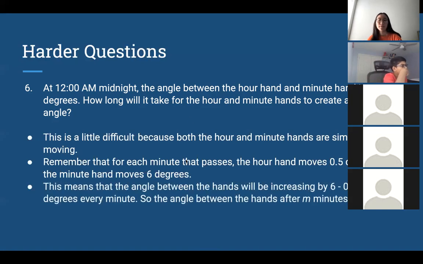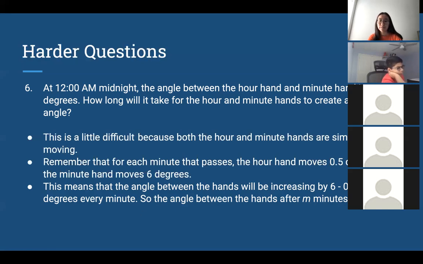Right, so the angle between the hands increases by 6 minus 0.5 degrees every minute. So think about it: in 1 minute, the hour hand is moving 0.5 degrees, the minute hand is moving 6 degrees. So it gets 5.5 degrees away from the hour hand.